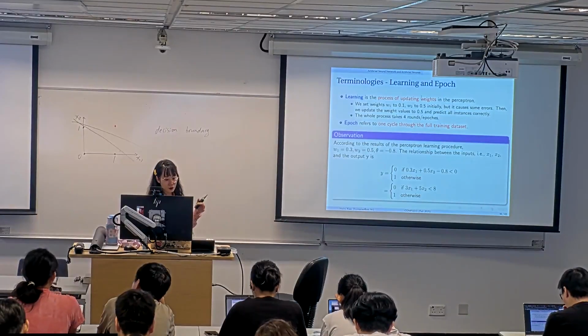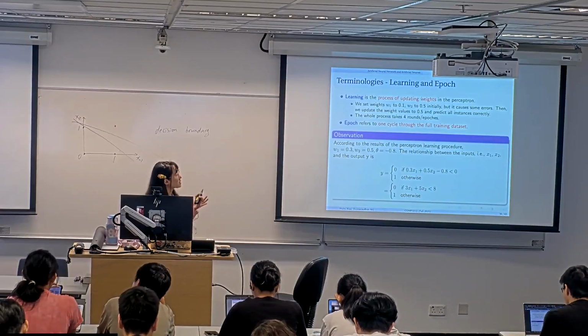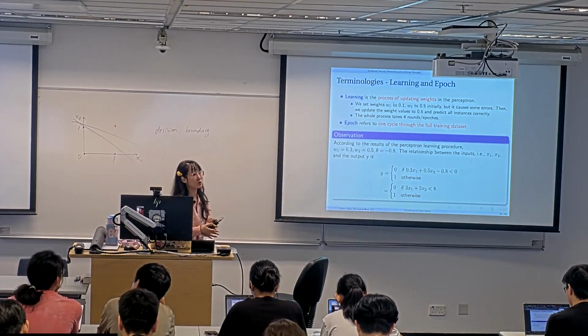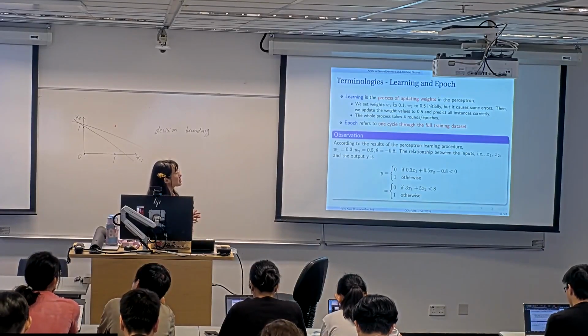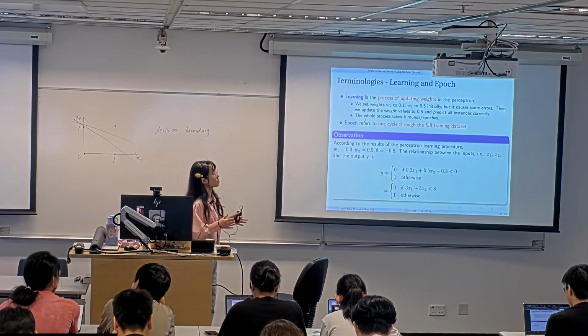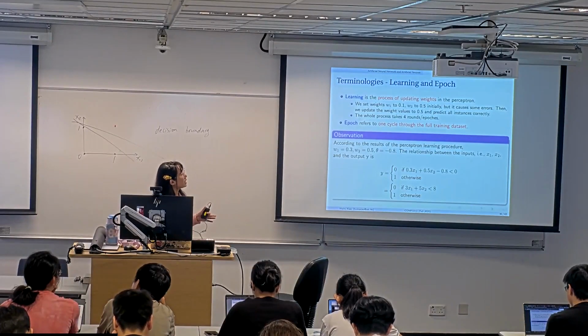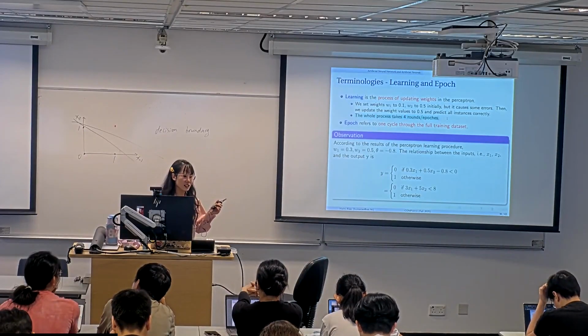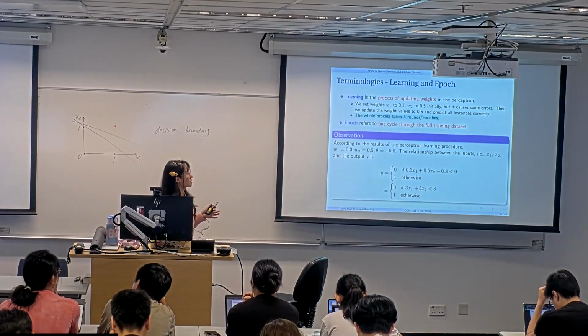For example, previously we set weights W1, W2 initially, but of course it causes some errors because we randomly chose the values. Then we updated the weight value to 0.5 and predicted all instances correctly. And the whole process takes 4 runs, or in terminology we say epochs.